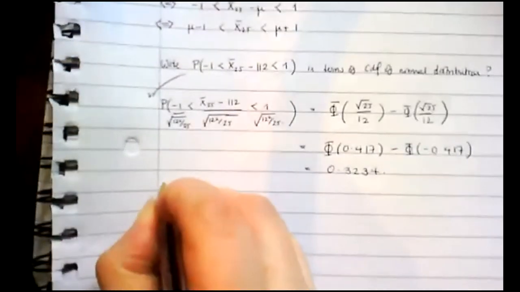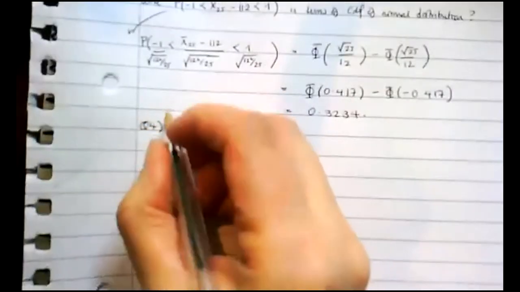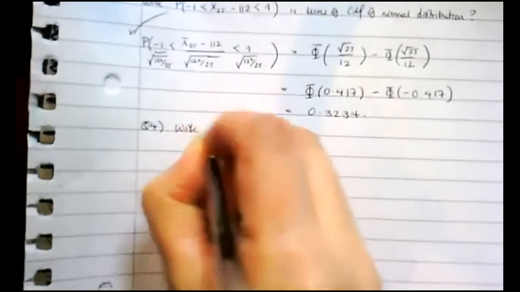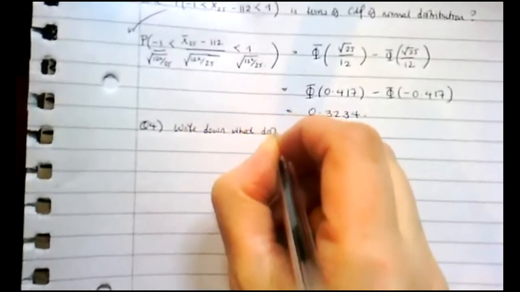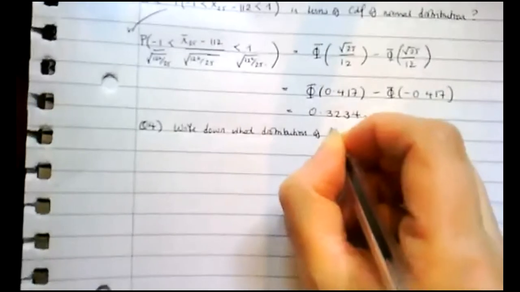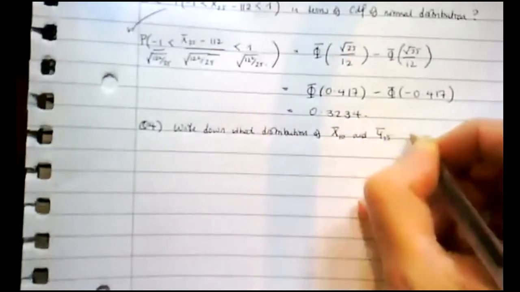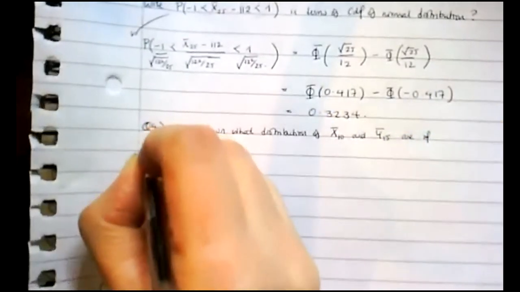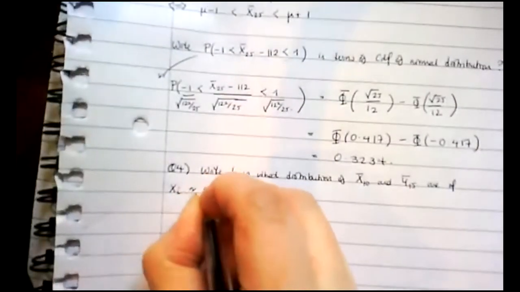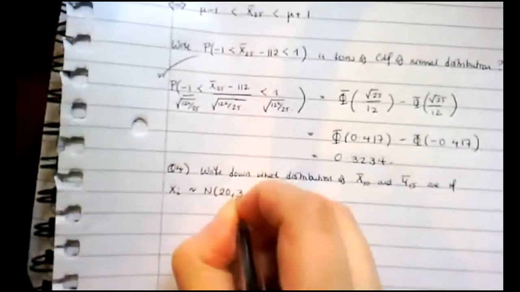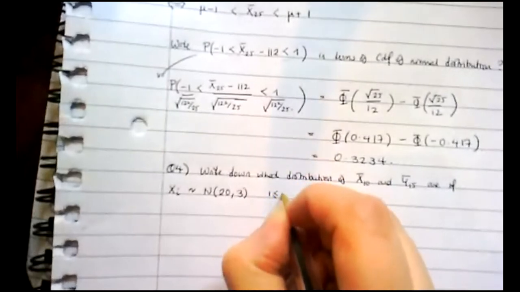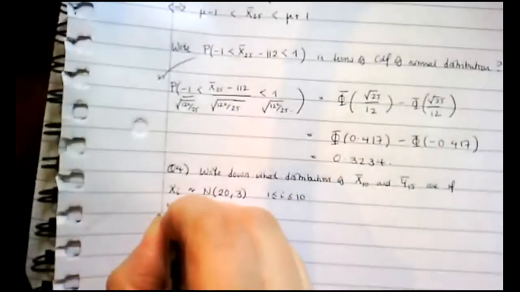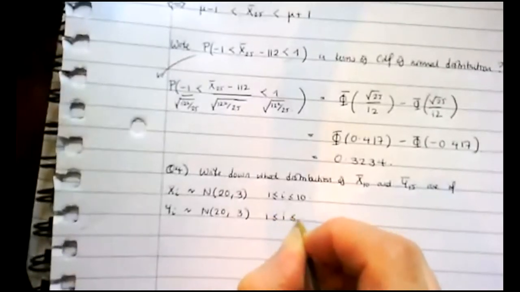So in order to get yourself started, on question 4, what I would like you to try and do is write down what the distribution of x bar 10 and y bar 15 are if the xi are normally distributed with parameters 20 and 3 for i between 1 and 10, and the yi are normally distributed with parameters 20 and 3 for i between 1 and 15.